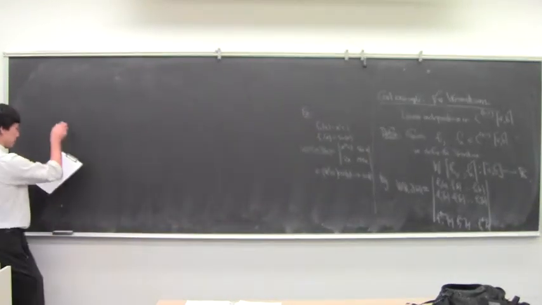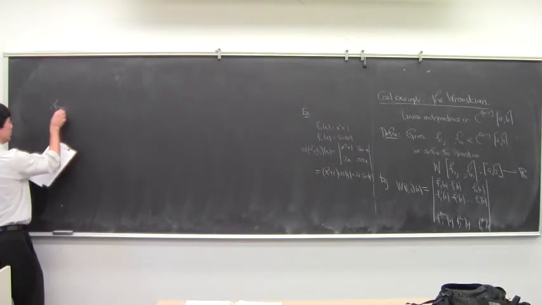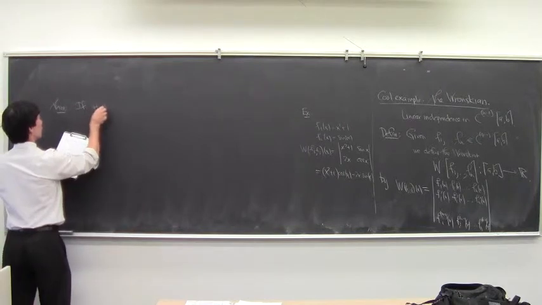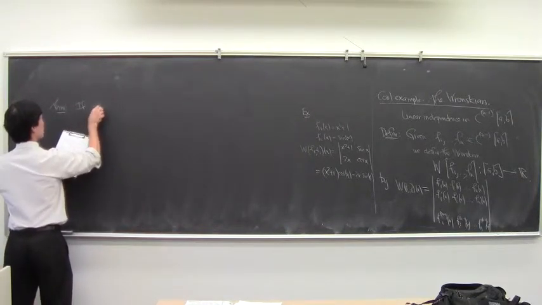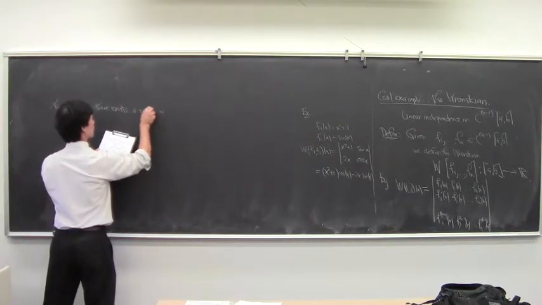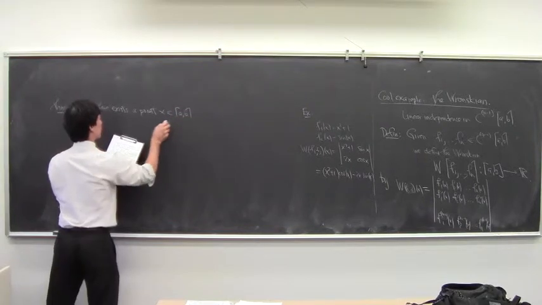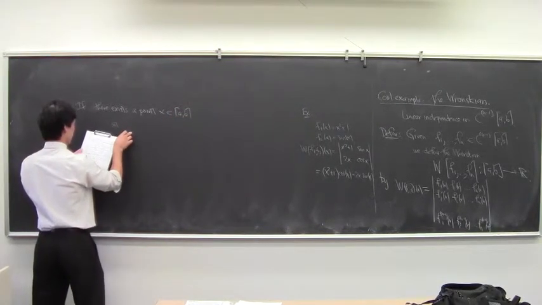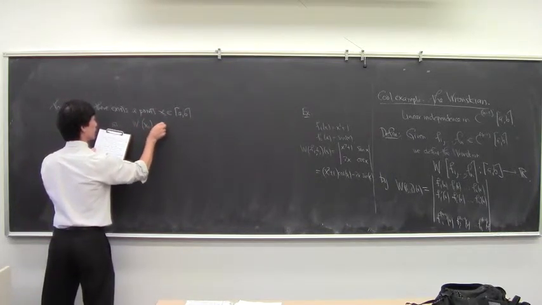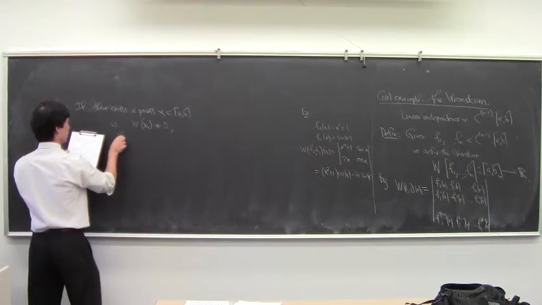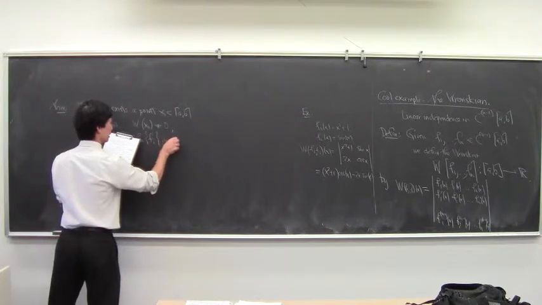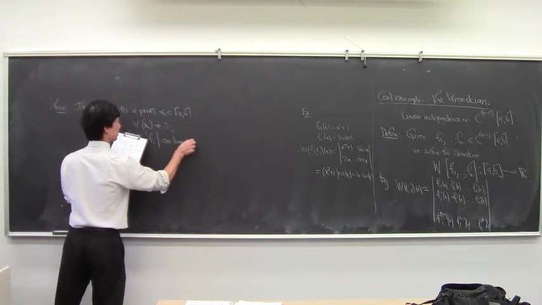Okay, here's the theorem. If there exists a point x in AB where the Wronskian is not equal to 0, then the fi are linearly independent.